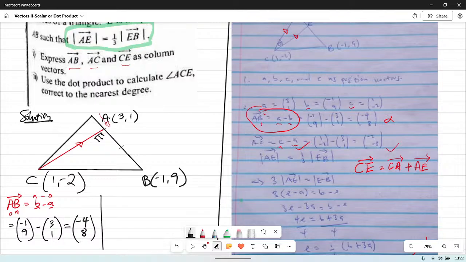So we found AB. Now AC is going to be C minus A. Anytime you see change, it's the new element minus the old element.